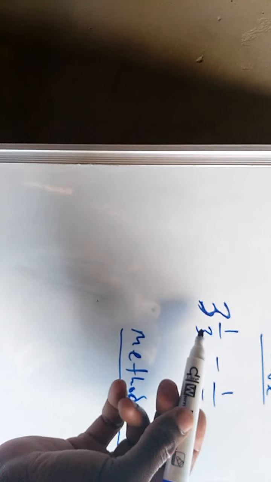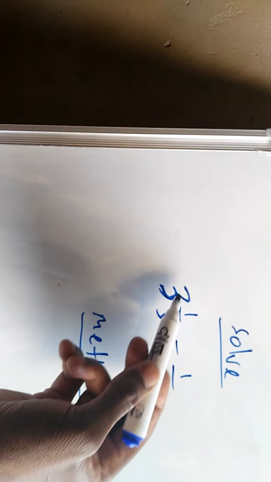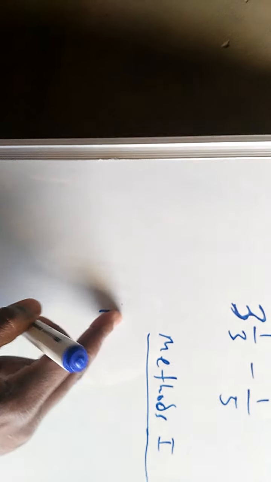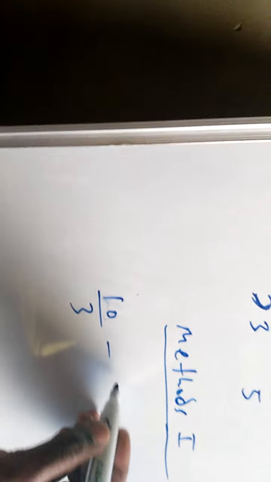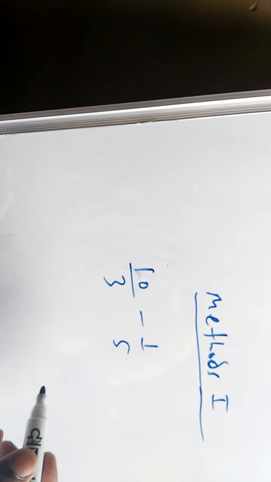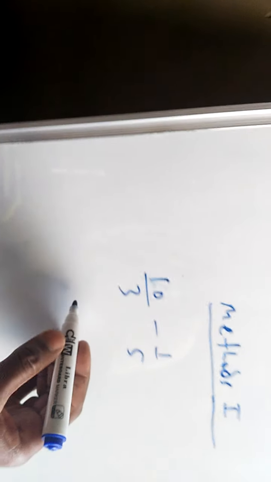And so here we have a mixed fraction. We convert it to an improper fraction. 3 times 3, 9, plus 1. You have your 10 over 3. You have your 1 over 5. And so, a shortcut here, you can just say 5 times 10.